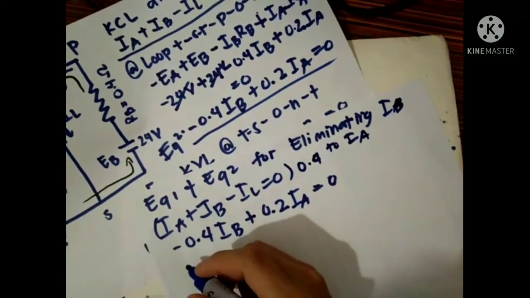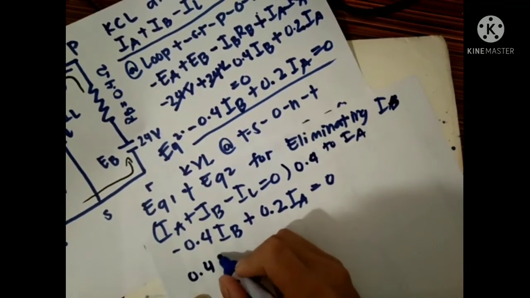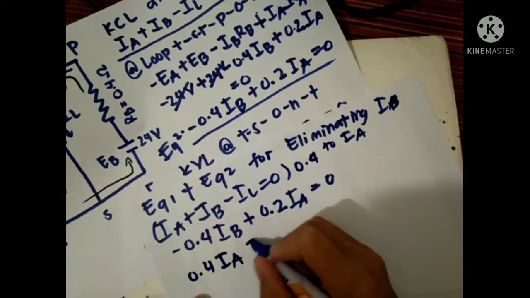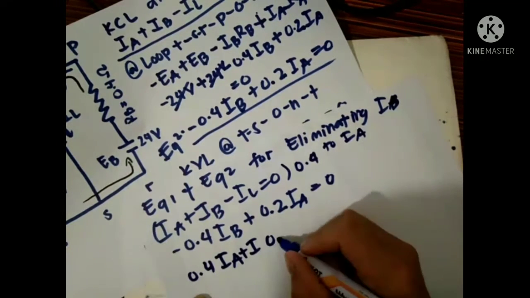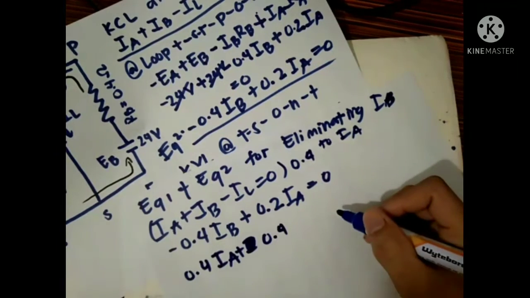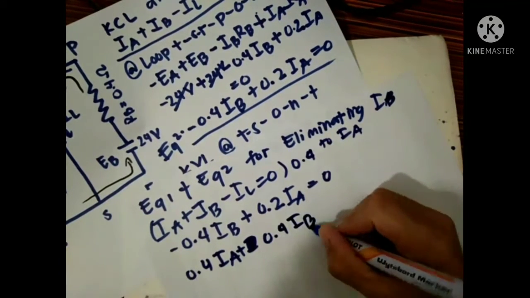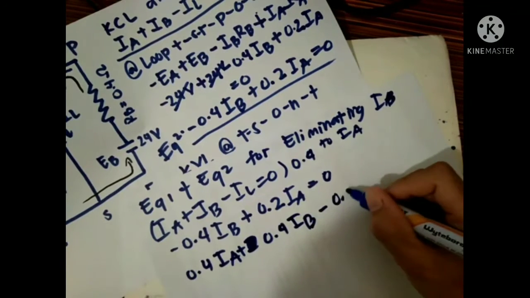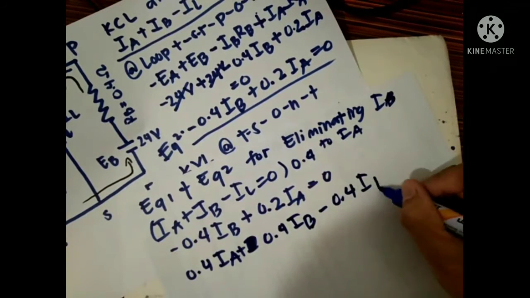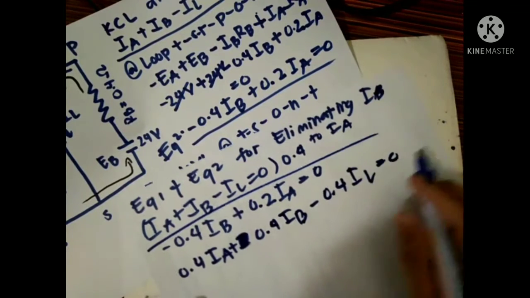So let's plug in the value. So 0.4 IA plus 0.4 IB minus 0.4 IL is equal to 0, and then here it is.